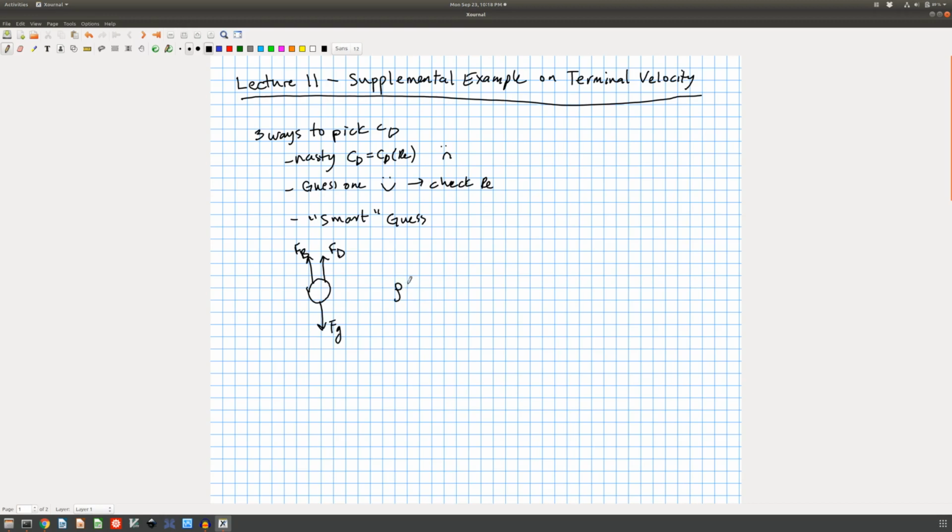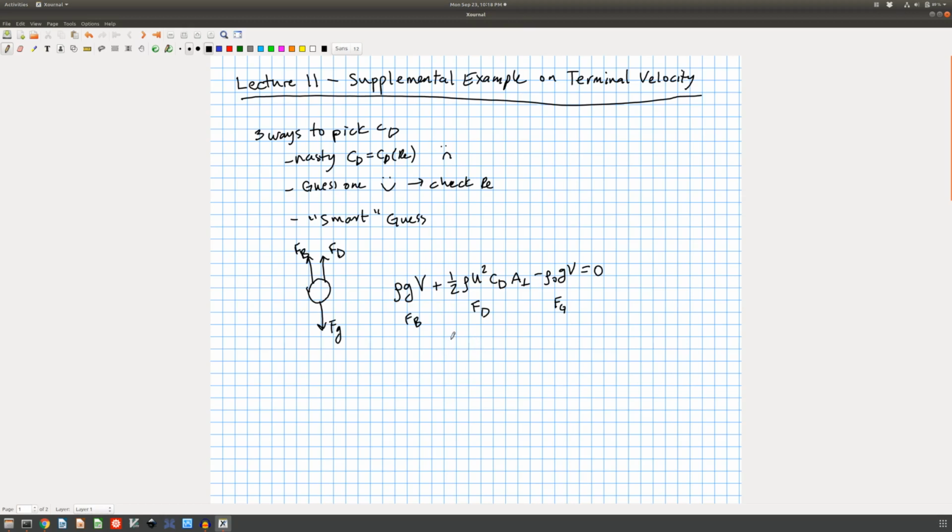We said rho g volume plus 1/2 rho u squared drag coefficient projected area minus rho 0 GV, and that equals 0. So this is the gravitational force, this is the buoyancy force, and this is the drag force.